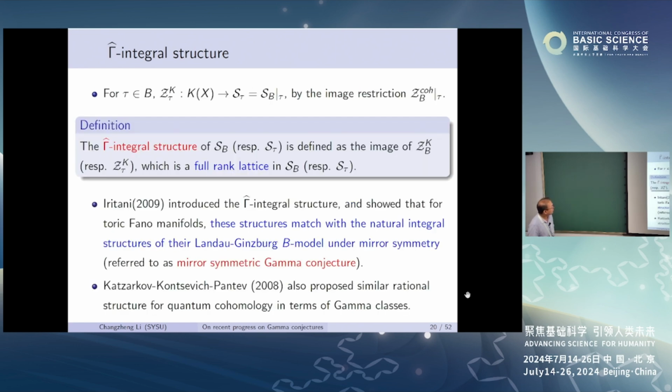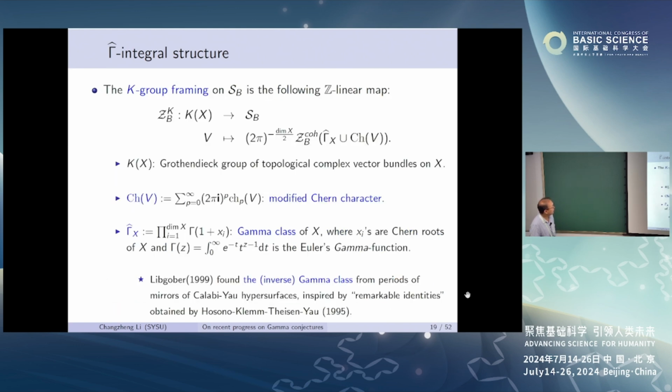And now we see the definition of the gamma integral structure. It's just very simple, just the image. So the global one, just the image of this map. So this is a linear map, and the image is apparently an abelian group, a finite dimensional abelian group inside the space of flat sections.